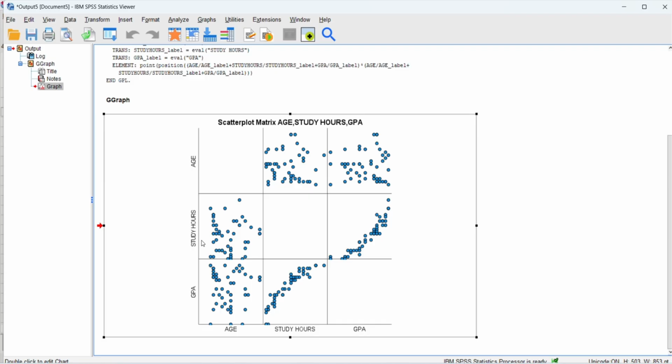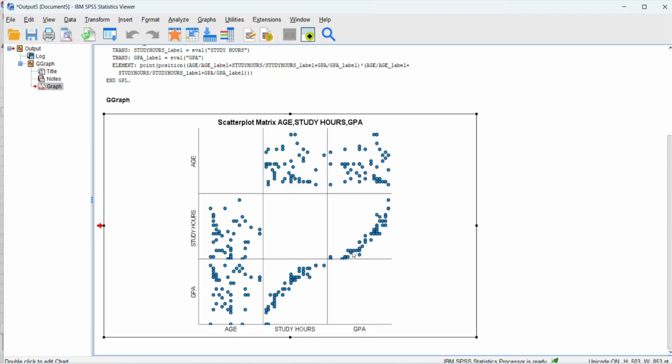But then when you take steady hours and then GPA, you realize that most of the points are clustered, but then the slope is a positive slope because more of the clusterings are up above than below. However, the clusterings up here are not predominantly more than the clusterings below here.